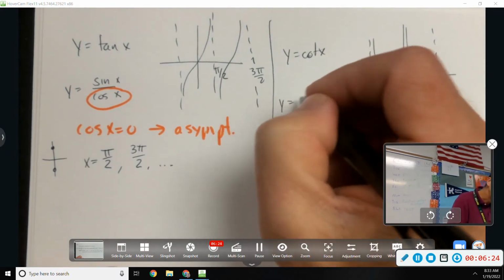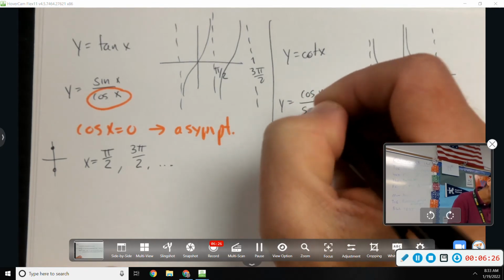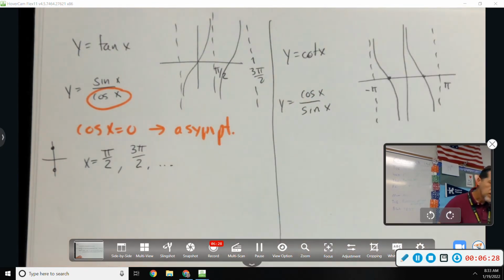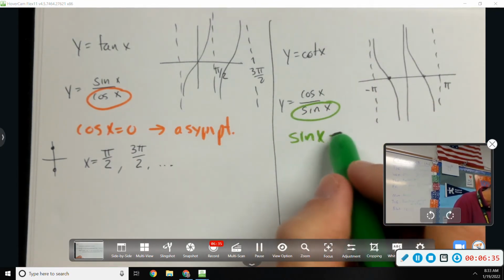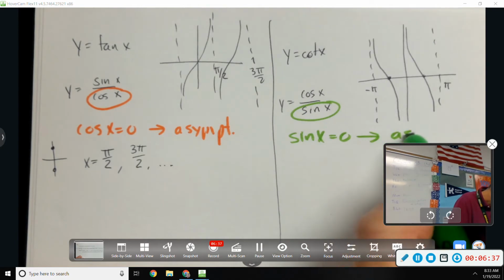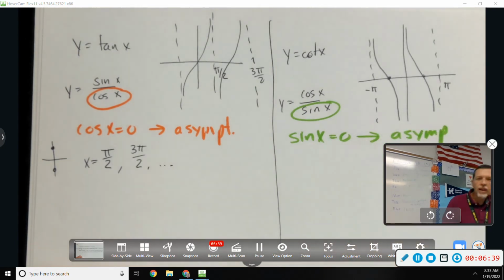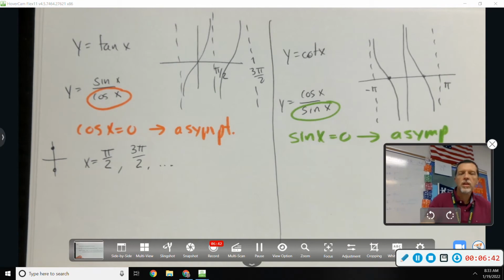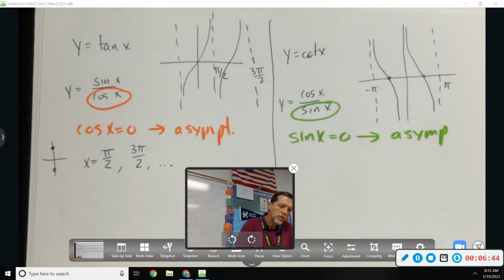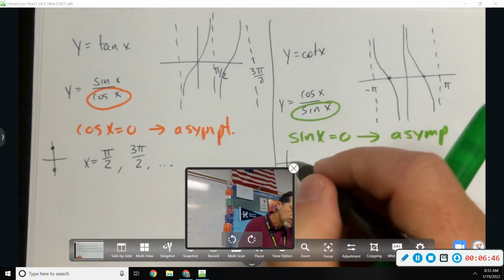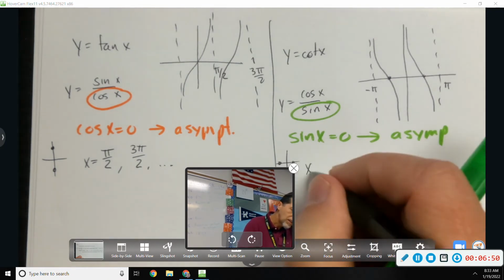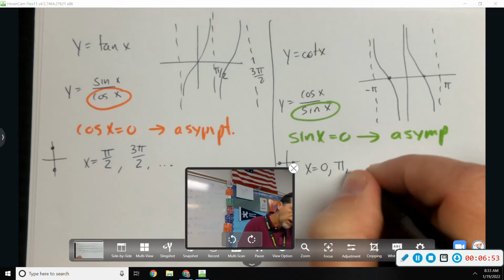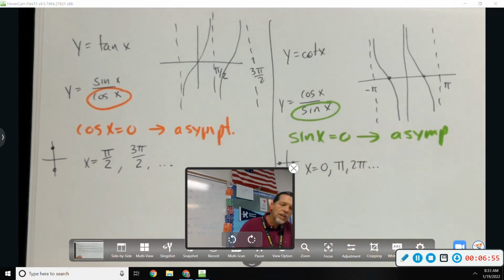Cotangent is cosine over sine. So that means cotangent has an asymptote when sine of x equals 0. That leads to an asymptote. Unit circle, sine of x is 0 when x is 0, pi, 2 pi, and so on.